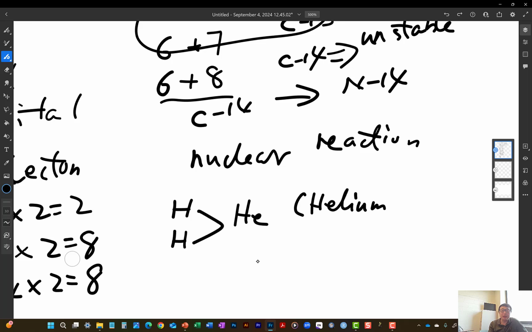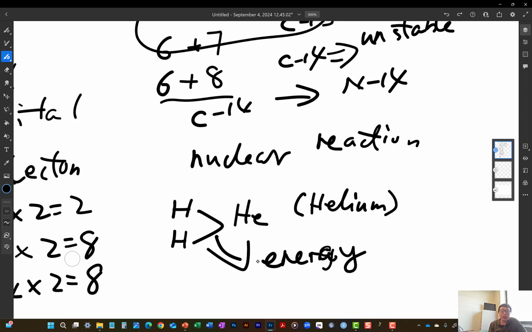Yes, I didn't mention this, helium. This is a noble gas. Noble gas means these elements by themselves already fully fill their orbitals, so they are very stable. Mostly they stay as single atoms in nature. When two hydrogens become a helium, not only do the elements change, but it also releases a lot of energy. How is that? Energy. Yes. And this energy goes all the way from the sun, reaches Earth, and provides every energy we are now using on Earth.